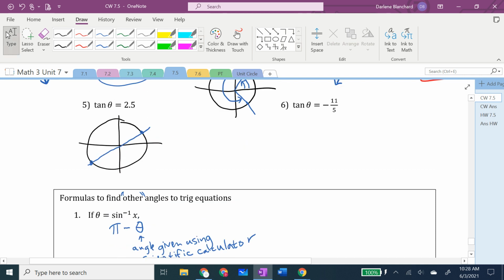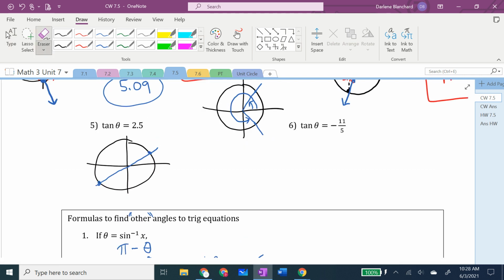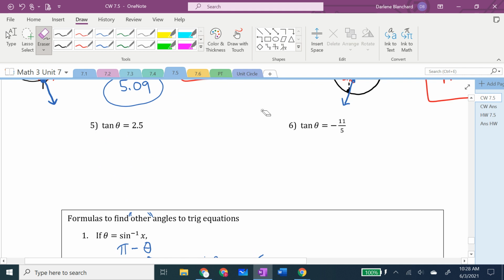Okay, now we have 2 last examples to finish this particular classwork. I'm going to erase some of this up here to lessen what we're looking at.